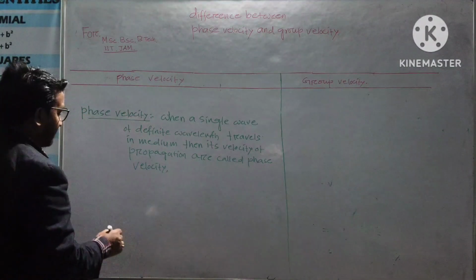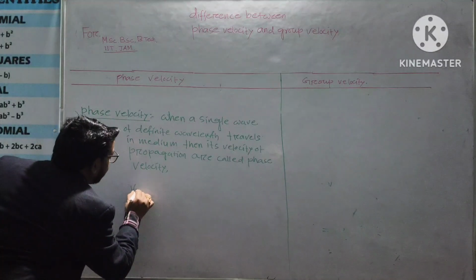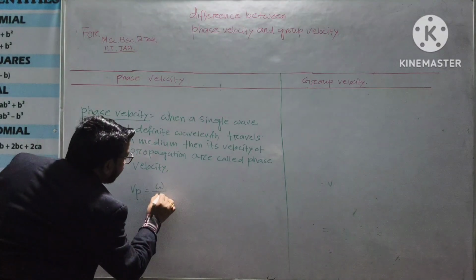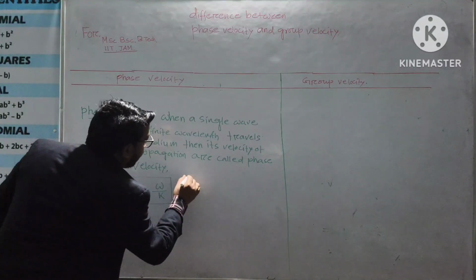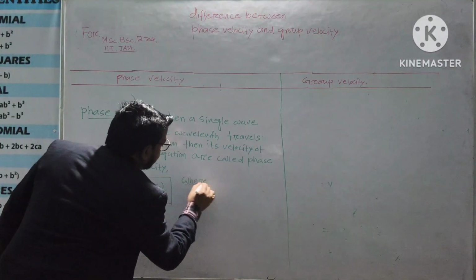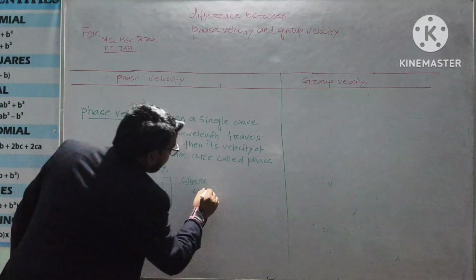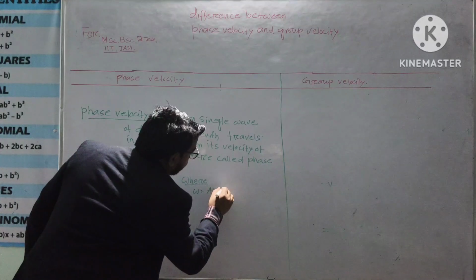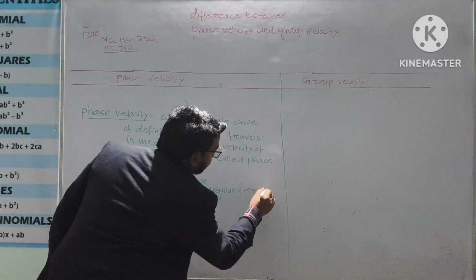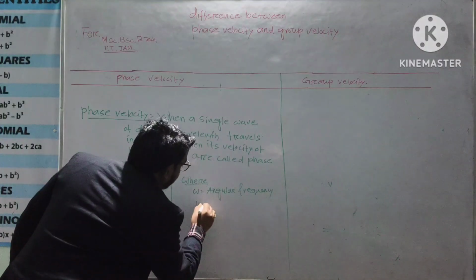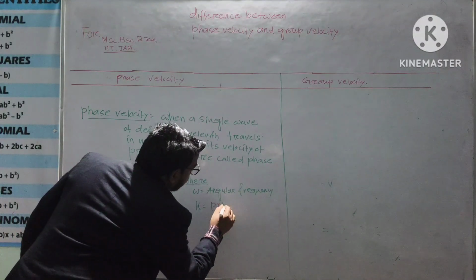The mathematical expression of phase velocity: Vp equals omega by k, where omega equals angular frequency and k equals propagation constant.